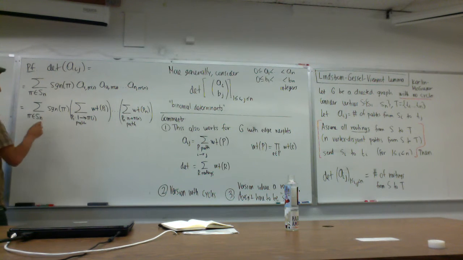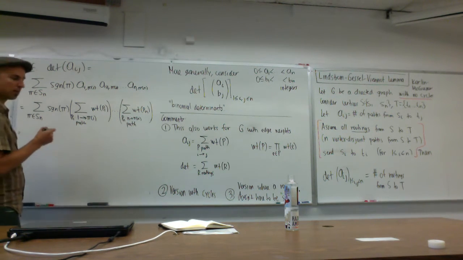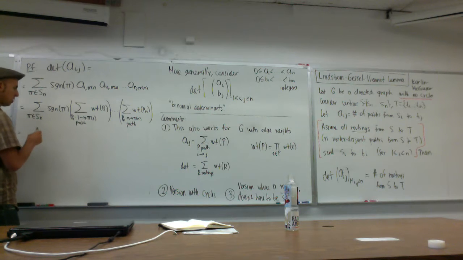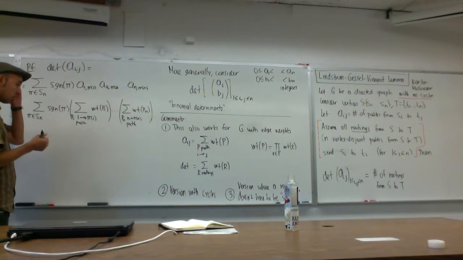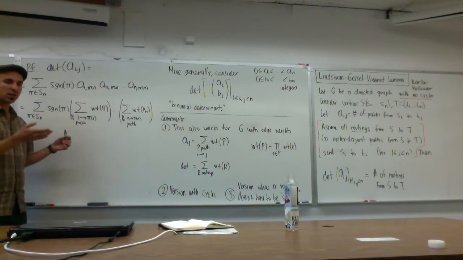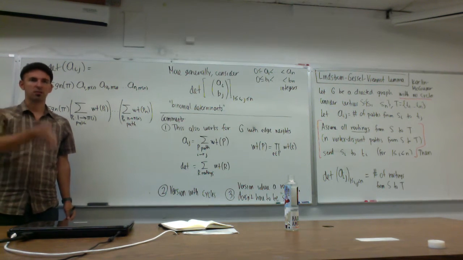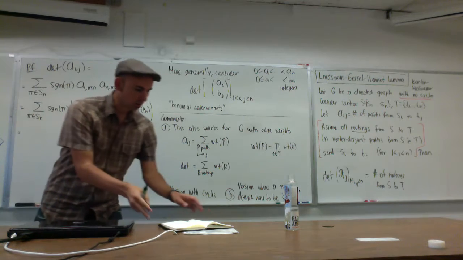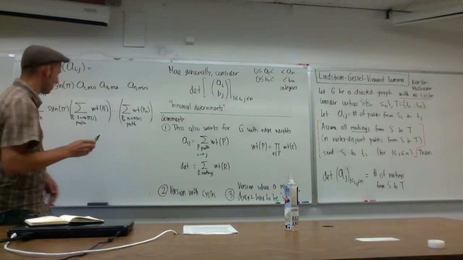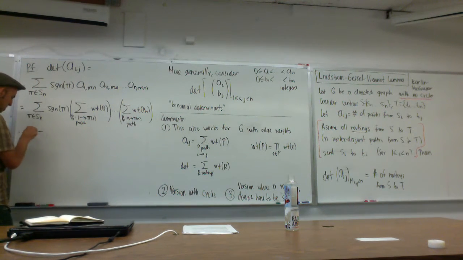Okay, so what do I do now? I say this is the sum. I'm basically looking at all the ways of taking some path from 1 to somebody, some path from 2 to somebody, etc. Let me sum over all n.